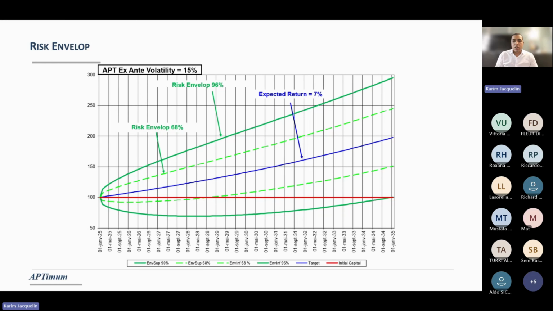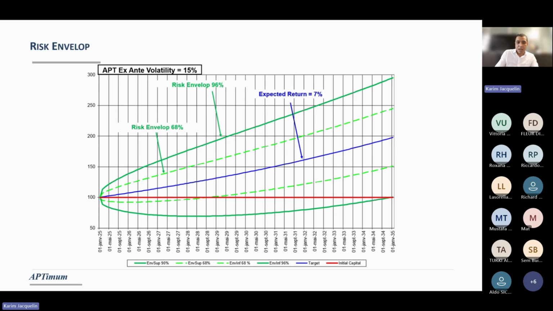So if the returns follow a normal distribution, you have 68% that the portfolio value will remain inside this first risk envelope. And this risk envelope is computed using an ex-ante volatility of 15%, which is basically the average volatility of equity markets. And you have a 96% probability to remain inside this second risk envelope.